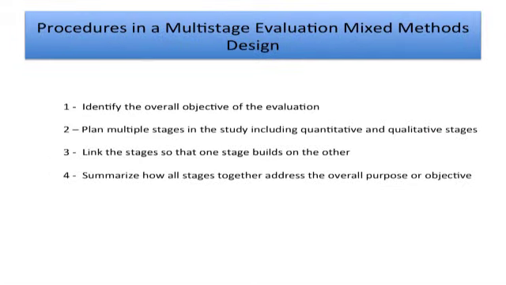So the way these mixed method studies are conducted would be first to identify the overall objective of the evaluation. What are you trying to accomplish with the evaluation? Plan out multiple stages in the study that include both quantitative and qualitative stages. Have these stages build on each other, one following the other.